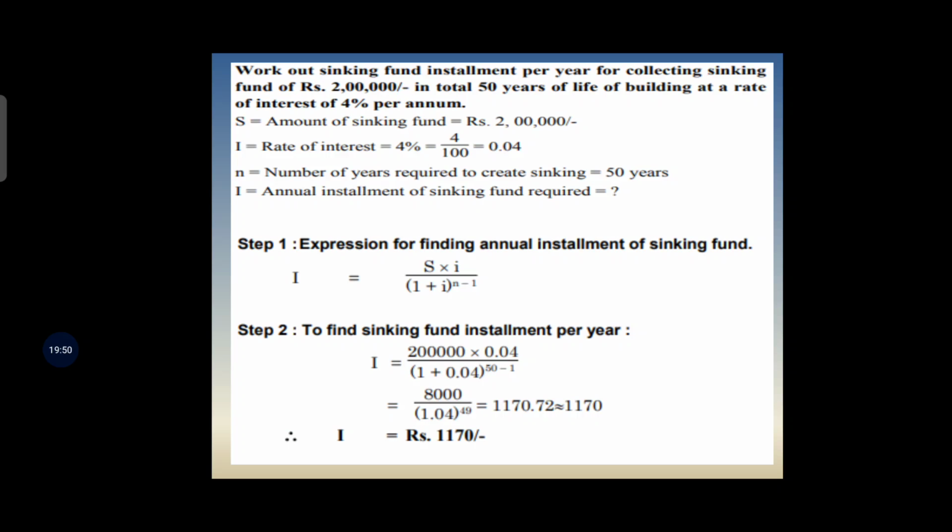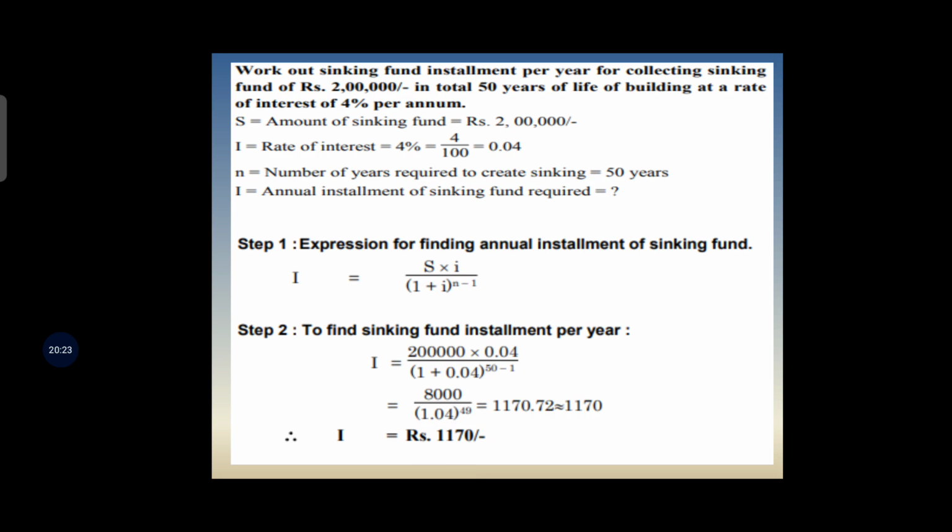Now the next sum is to work out the sinking fund installment per year for collecting the sinking fund. Same as before, we put the values. 2 lakh is given, and the life of the building is 50 years, and the interest is per annum. So the amount of sinking fund is 2 lakh. Rate of interest is 4%, so that is 0.04. n is the number of years, that is 50 years, and the annual installment of the sinking fund is required.